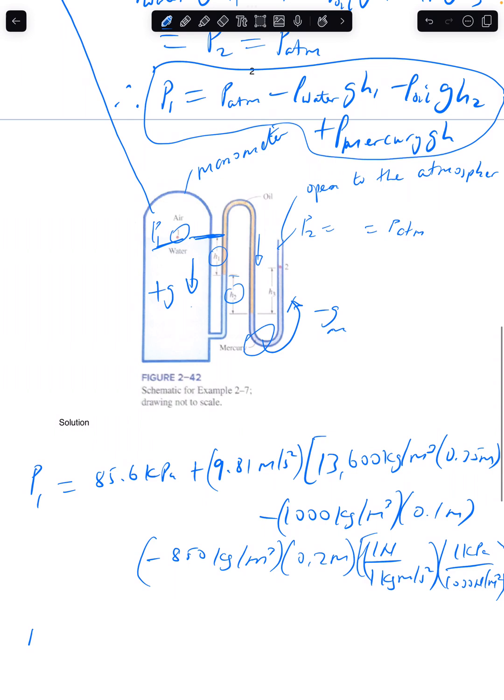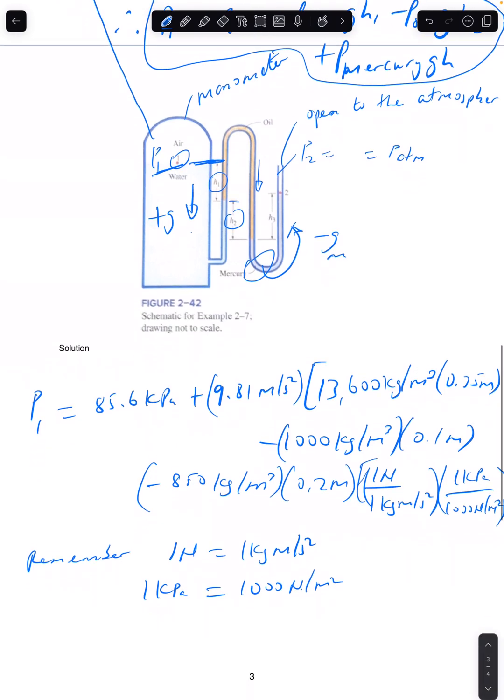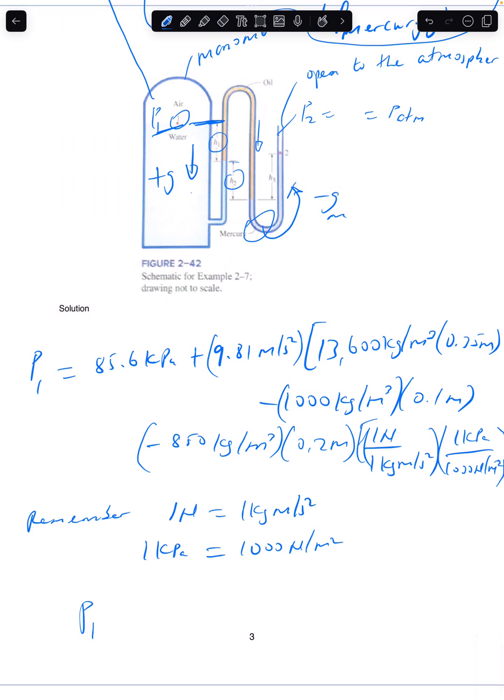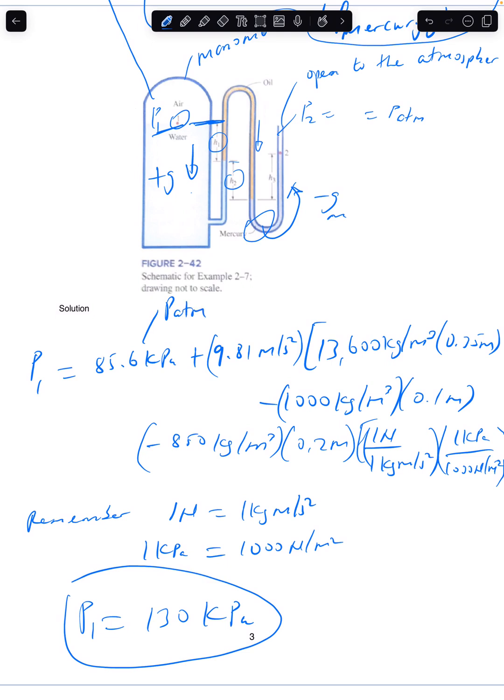Remember, 1 Newton is equal to 1 kilogram meter per second square, and 1 kilopascal is equal to 1,000 Newton per meter square, and we're going to have our answer. P1 is equal to 130 kilopascal.